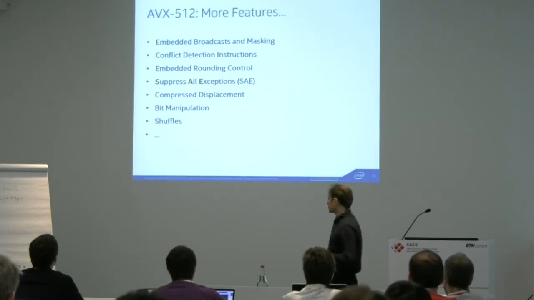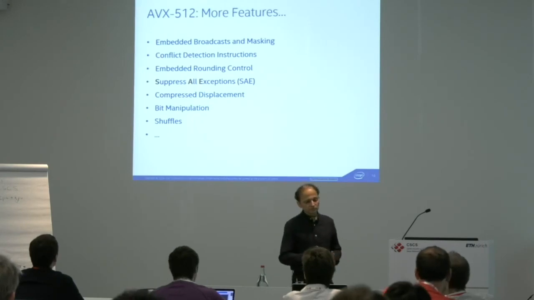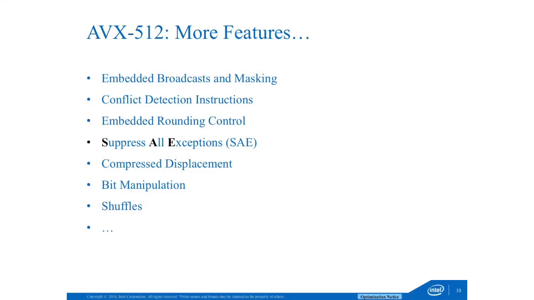There are, of course, more features in AVX 512, so it's pretty comprehensive. There are embedded broadcasts and masking. Embedded means, to give you an idea what an instruction actually is: an instruction is a collection of bits that enables the CPU to know what instruction it should execute. You know, on x86 general purpose instructions vary in size. You heard that against RISC, and you know what that means.